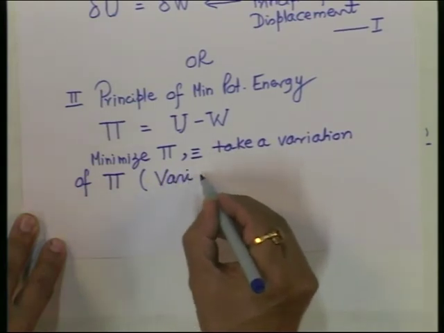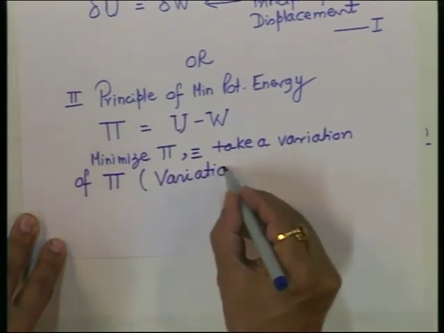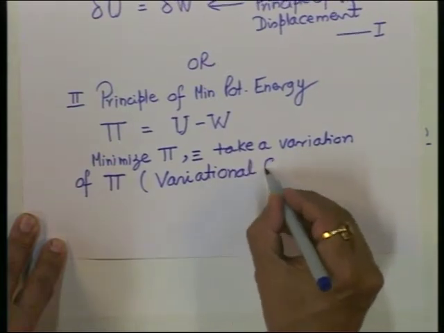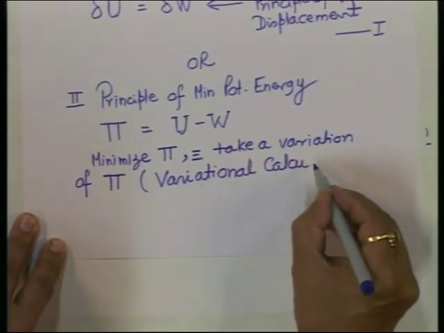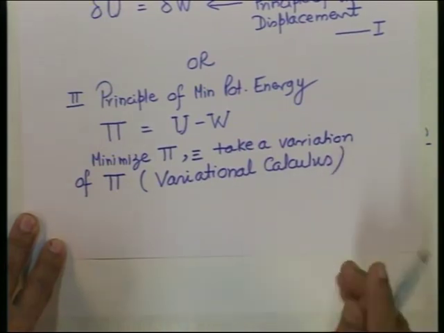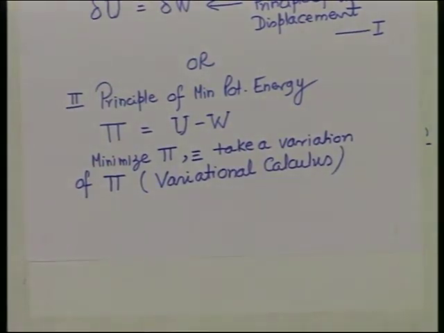So, the whole of variational calculus deals with only this. And let me tell you, I do not understand most of the variational calculus books, I have tried, but I have not been able to understand, because they make it so complicated. But if some of you are interested, please read some good books on variational principles, variational calculus. Okay. Somehow I am not a good student, so minimize pi, take a variation.